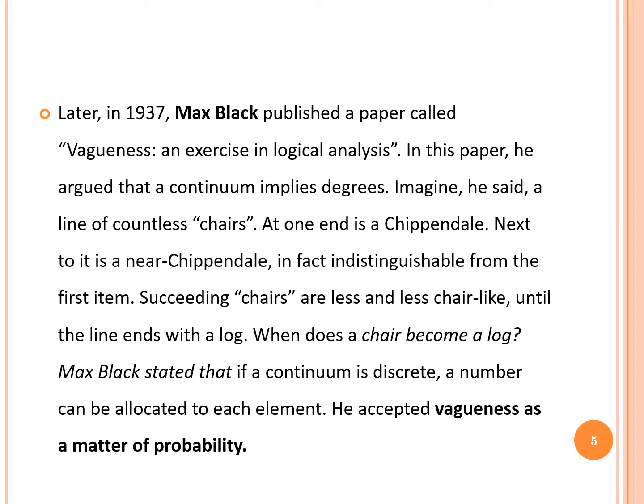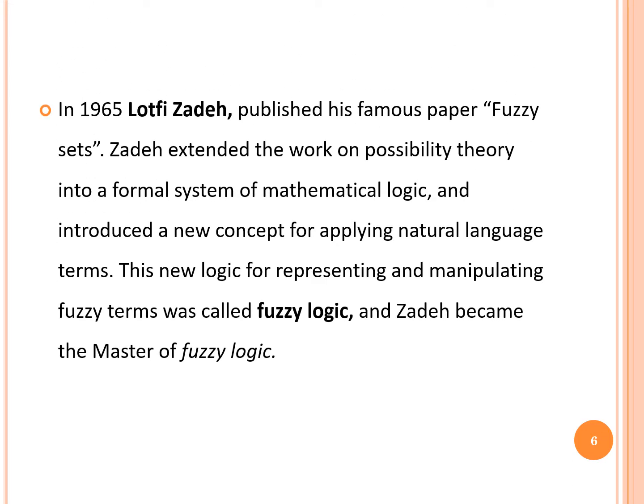Next, Black accepted vagueness as a matter of probability. It led to fuzzy logic. This is the one that we can call the father of fuzzy logic.